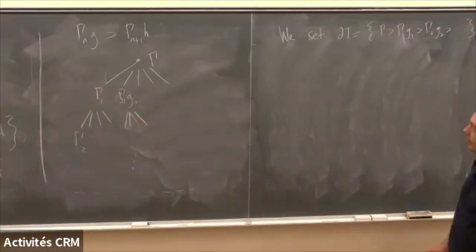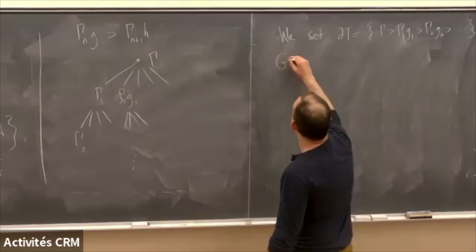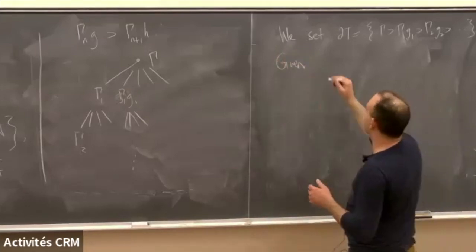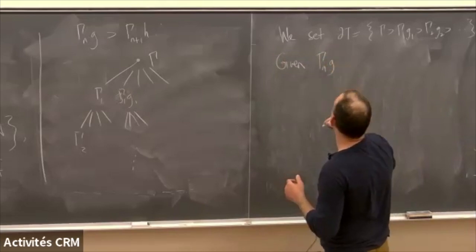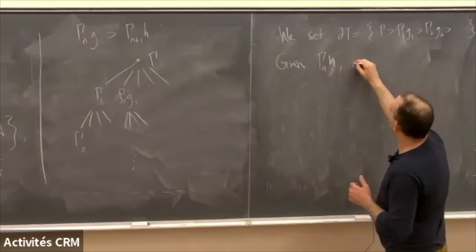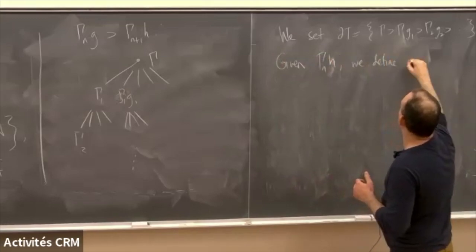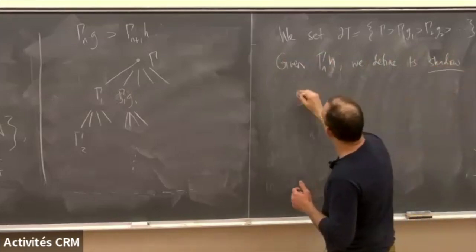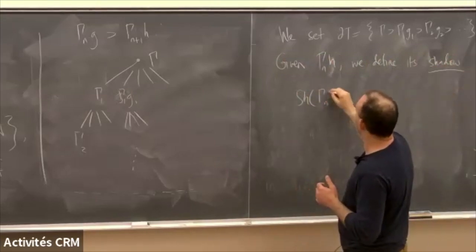All right, and then given one of these cosets, so given gamma n h, we can define its shadow.